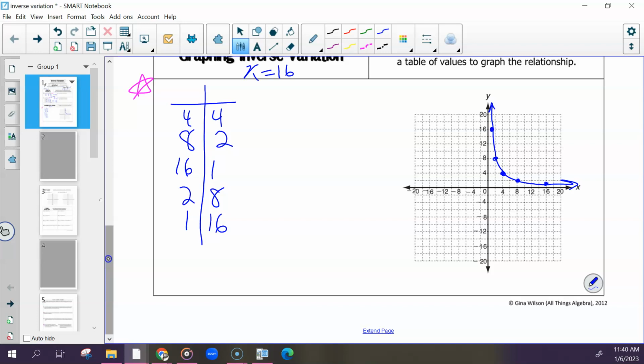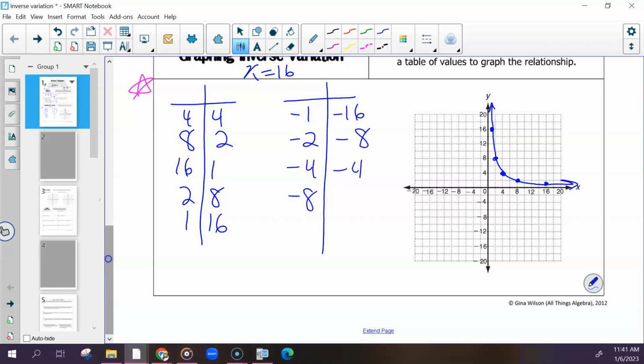When we found the numbers that multiply to be 16, we only focused on the positives, but a negative times a negative is also a positive. So we're going to change these numbers to be negative as well. Negative 1 and negative 16, negative 2 and negative 8, negative 4 and negative 4, negative 8, negative 2, negative 16, negative 1.